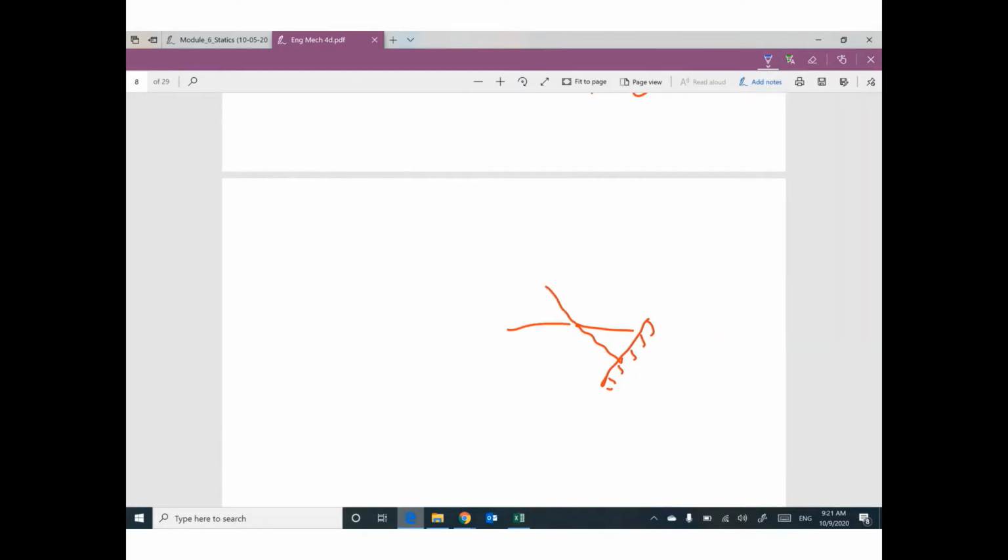If you have a hinge, or sometimes we call it a pin, we have two reactions, one vertical and one horizontal. I don't care if this hinge is inclined or not inclined. I can be concerned only if you have a roller.